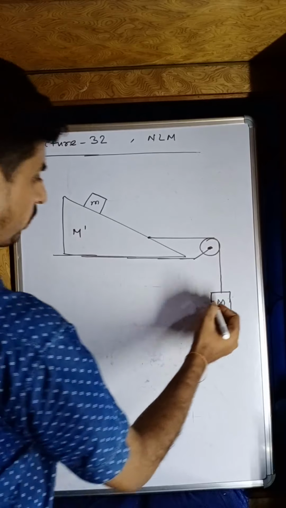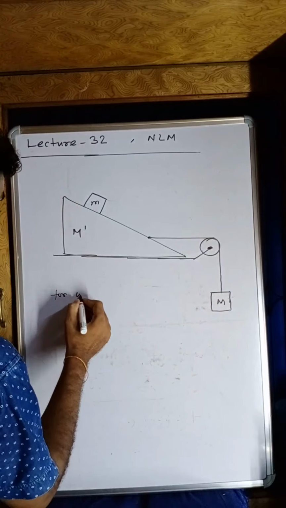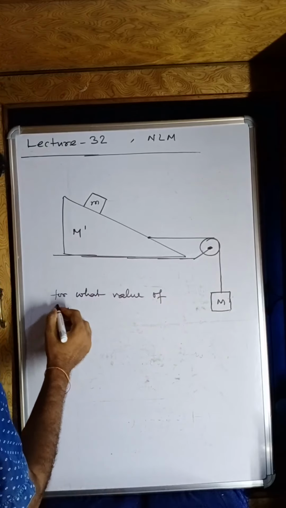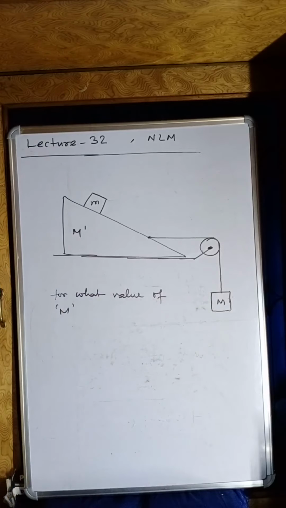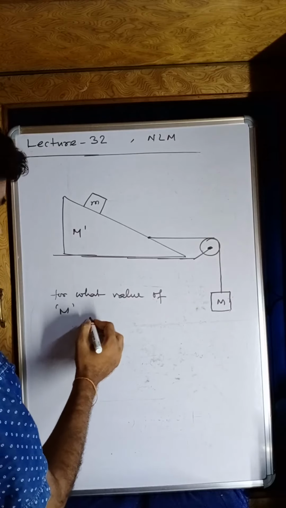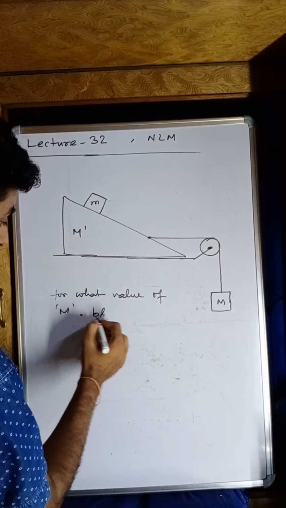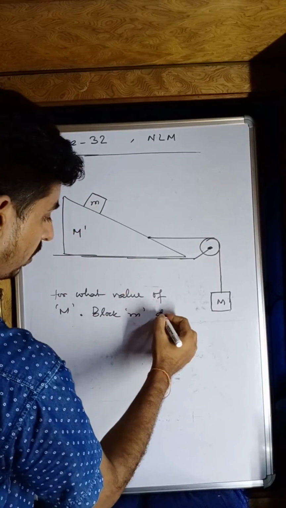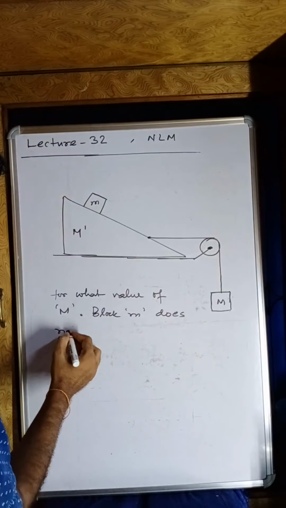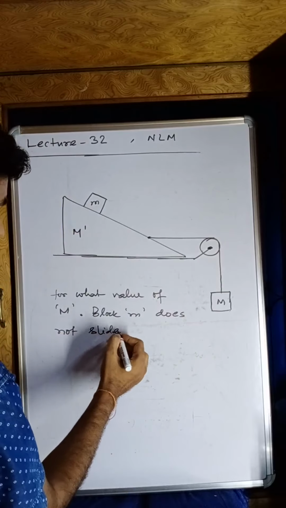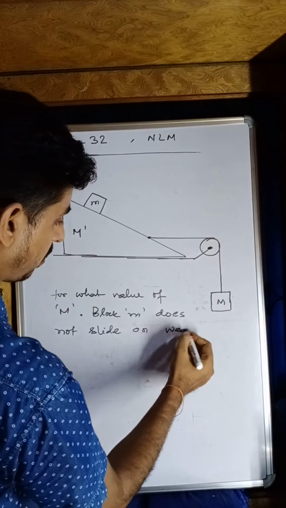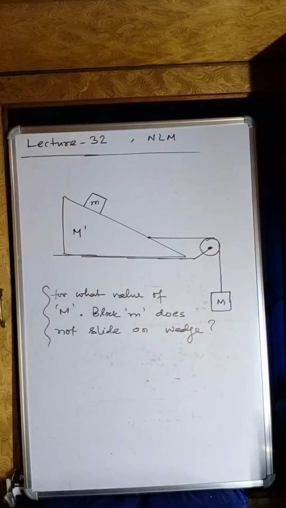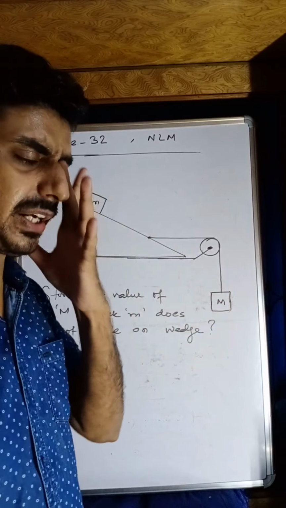Now the question: for what value of m does this block m not slide on the wedge? What should be the value of m so that it does not slide?